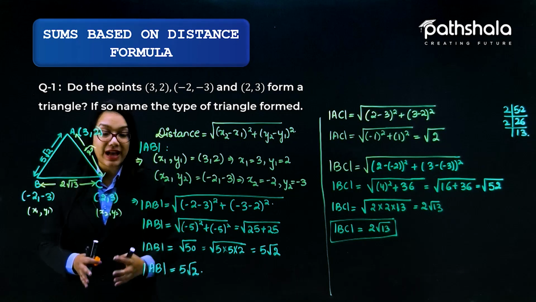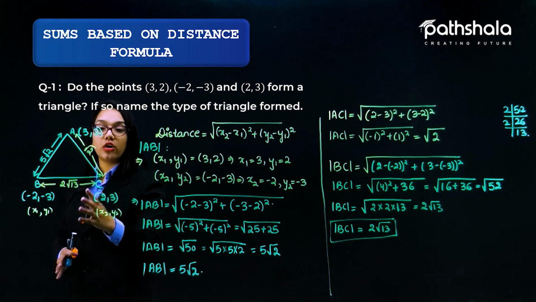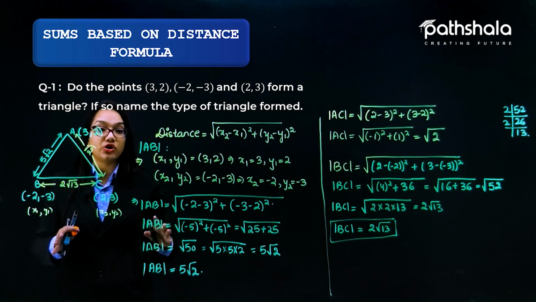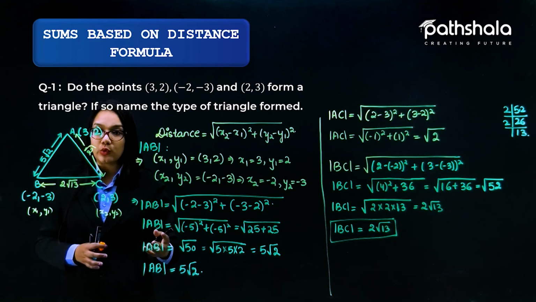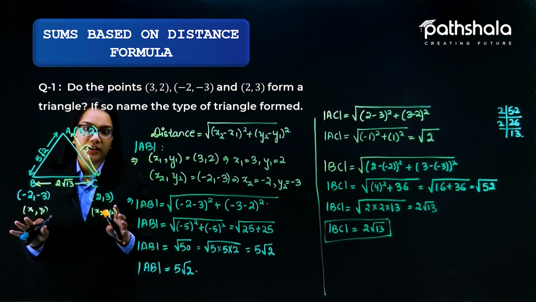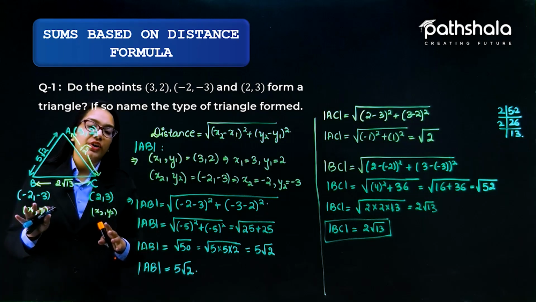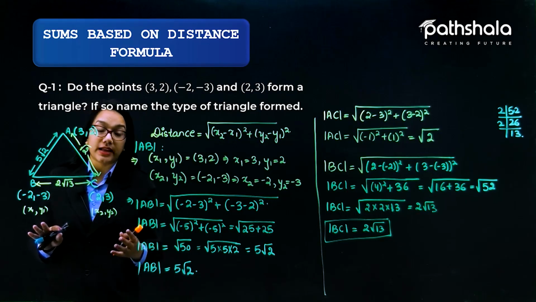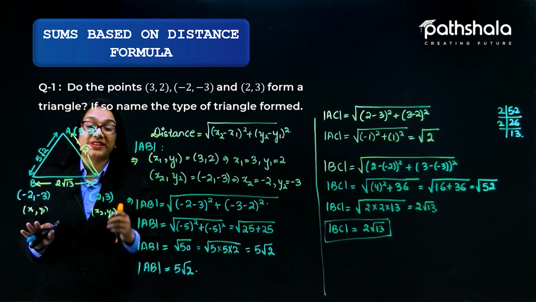It means that the distances are not equal to each other. So what can we further conclude about this triangle? If we take the sum of any two sides, the sum of these two sides should be greater than the third side, so it definitely forms a triangle.